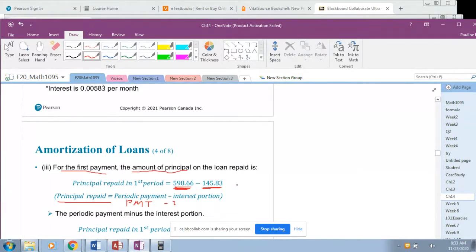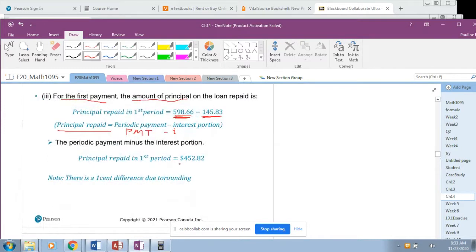Interest portion, not interest rate. So the answer for principal is $452. This is the third question.